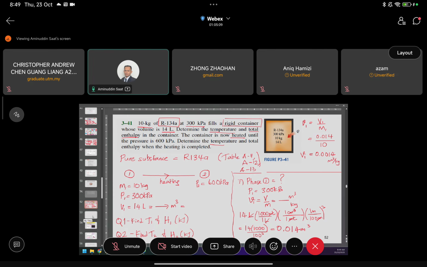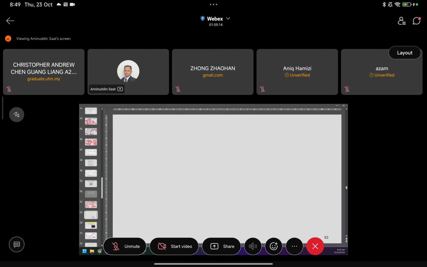So if we put back the information, for state one, you have P1 300 kilopascal and specific volume 1, 0.0014 meter cube per kilogram.